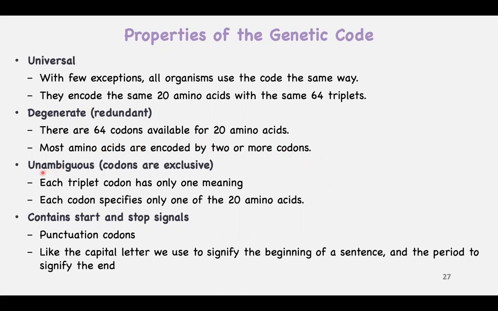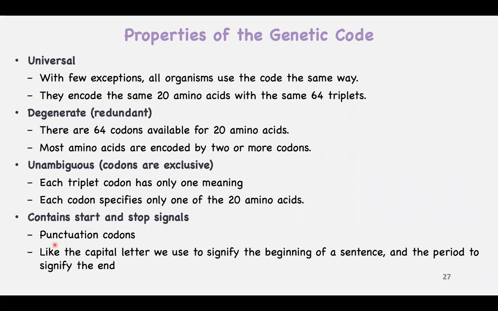It is unambiguous, which means it is exclusive. Each of the codons has its own meaning. AUG is a start codon, and UAA, UAG, UGA are the stop codons. It has a meaning for each of the triplet codons, so each codon specifies only one of the 20 amino acids. It contains the start and the stop signals.